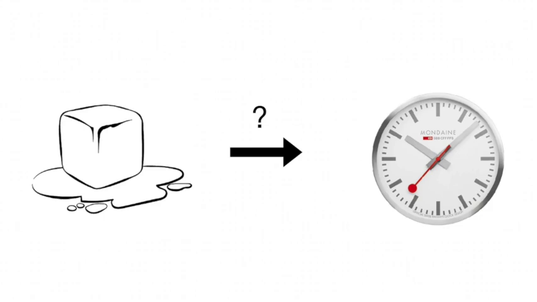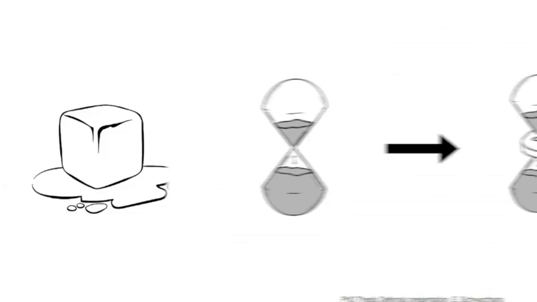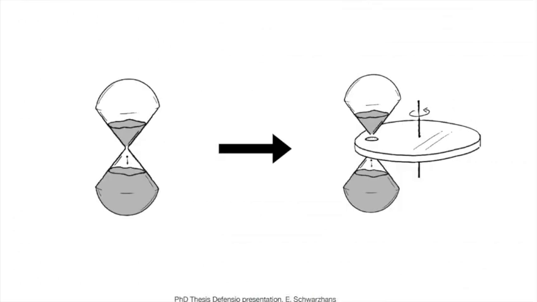This is from the PhD defense of Emanuel Schwarzhans, and it is one way. One can imagine an hourglass again, where I have to pay for each grain of sand.